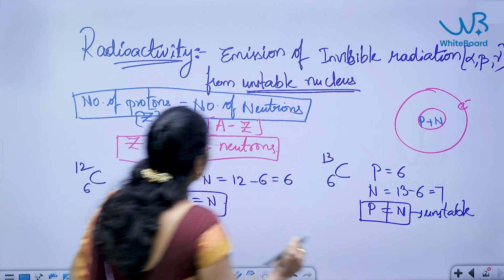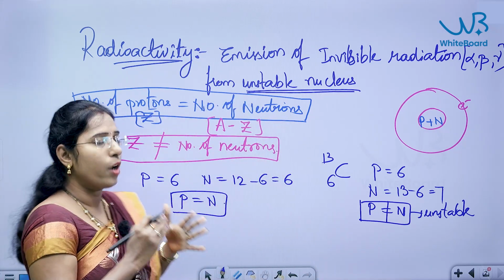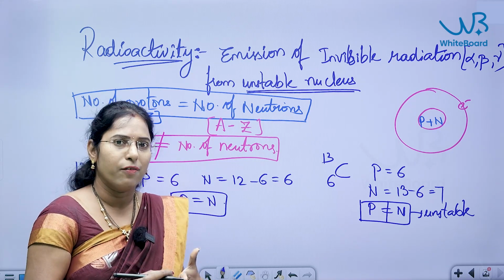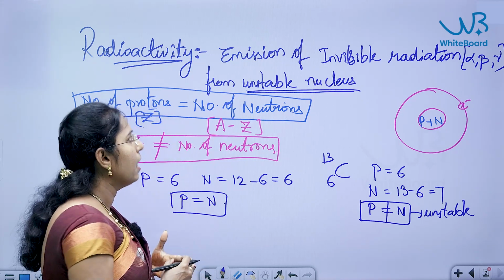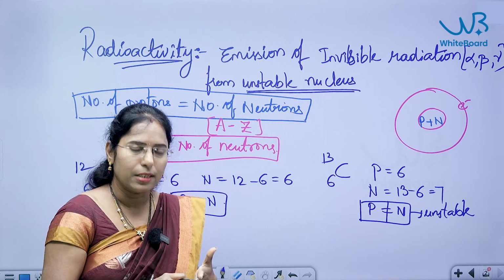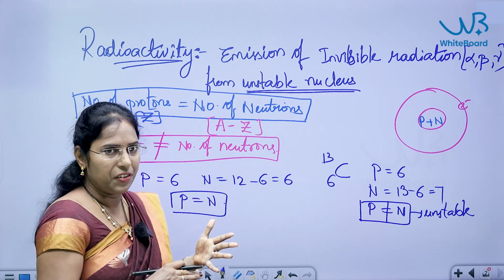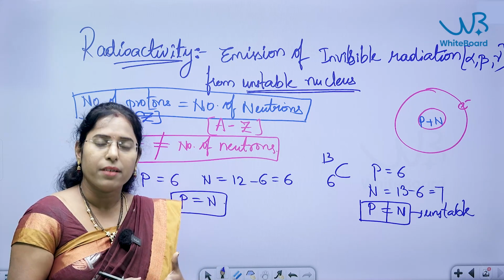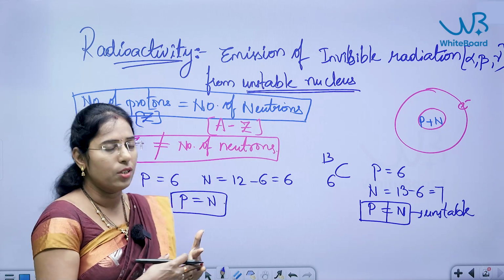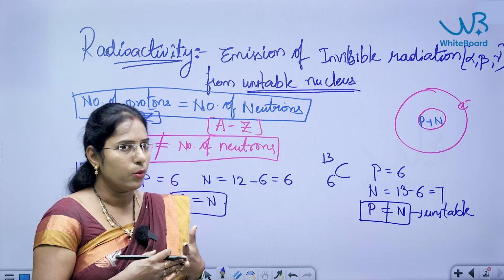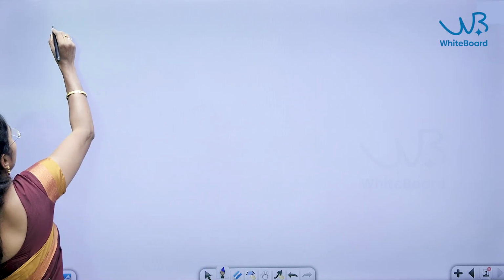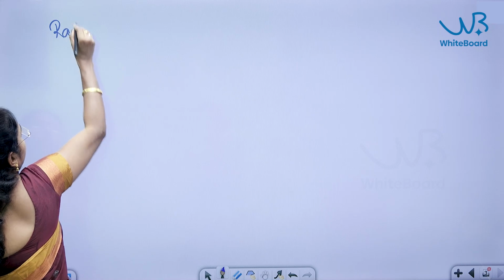So, the spontaneous emission of invisible radiation from an unstable nucleus is known as radioactivity, and those compounds which emit these radiations are said to be radioactive substances.